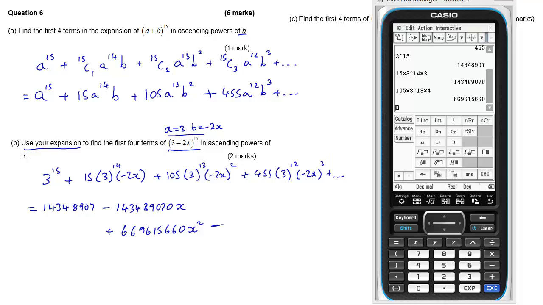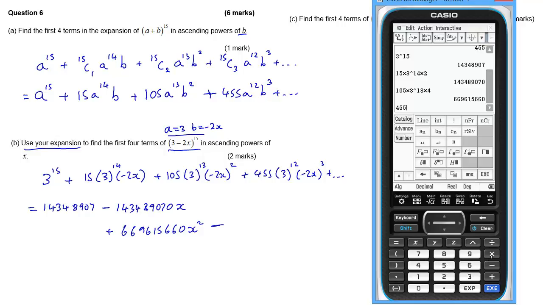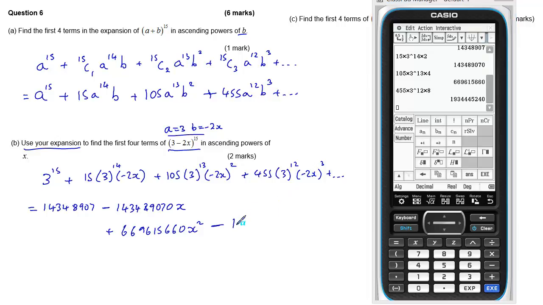And we've got 455 multiplied by 3 to the power 12 times 8. So that's 1,934,445,240x cubed.